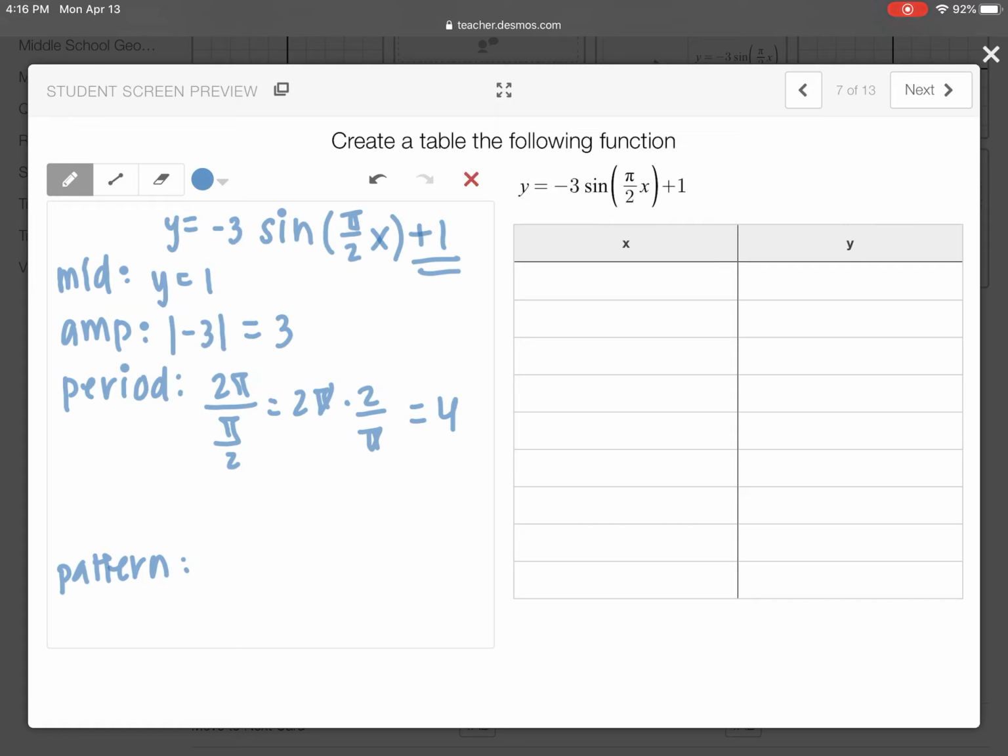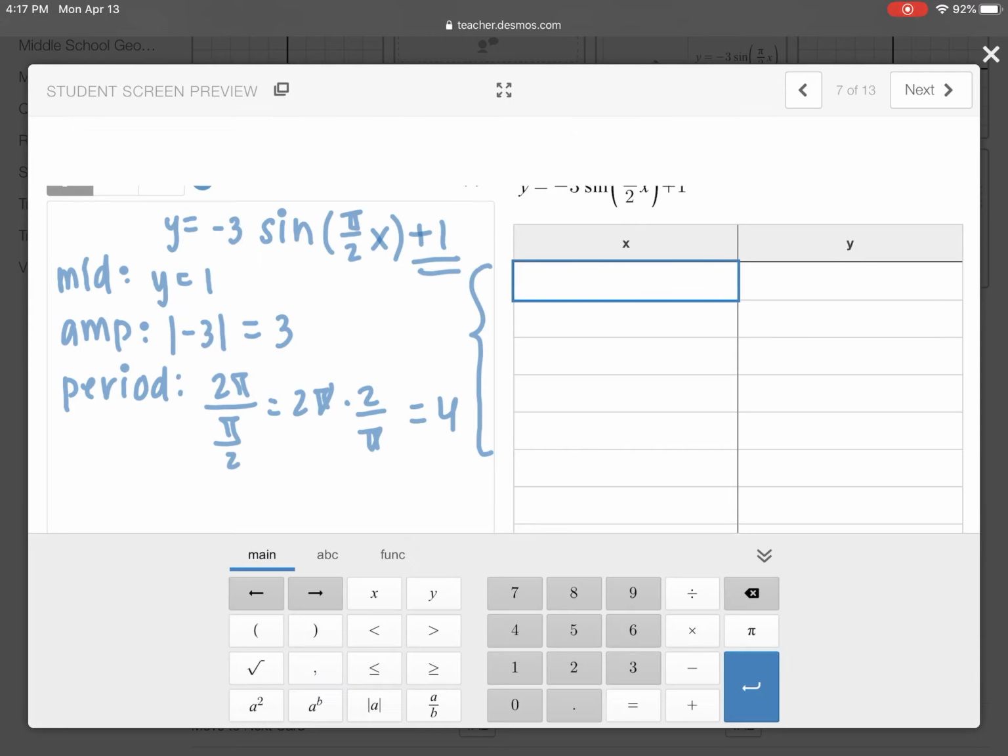And then you know your pattern. So in this case, a is less than 0. So you have to start at your midline and then your minimum, not your max. So midline, minimum, midline again, back to your max, back to the midline for 1 complete cycle. So we need to use this to help us determine our points on our graph. So let's start with our x values. What values are we going to plug into here?